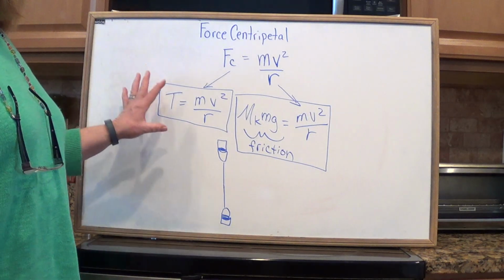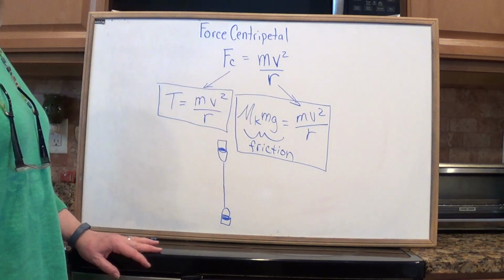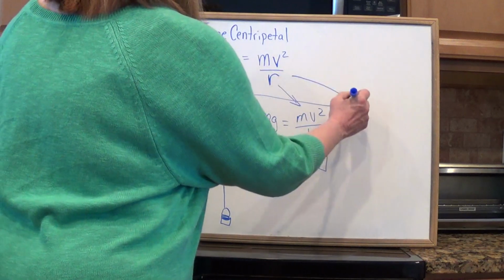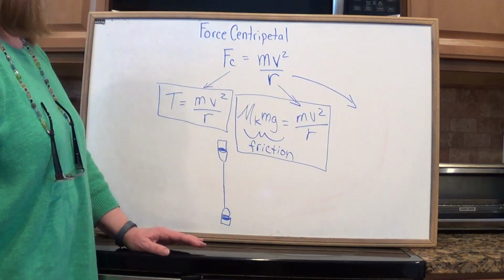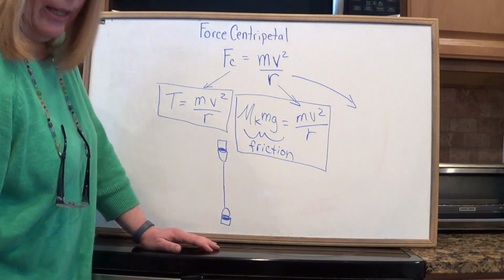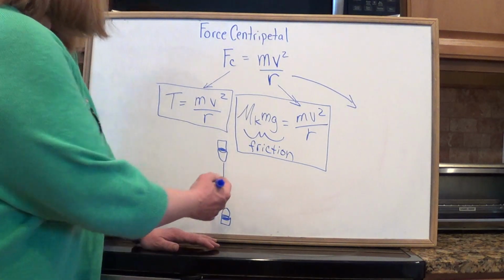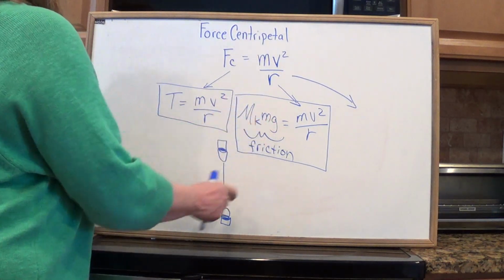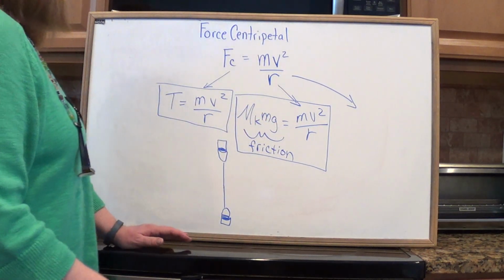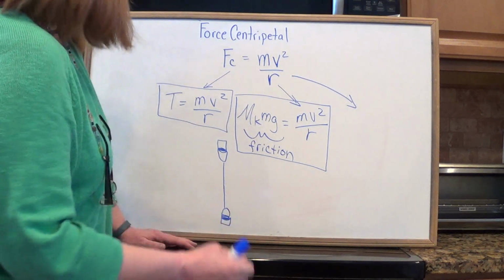So I'm not going to call it a major force and make a third case for it, because it's only going to show up in this one problem. It is a possibility, but we're not going to encounter it a whole lot. So let's just talk about what takes the place of force centripetal in the milk pail problem. Again, that's the last one on the green handout.